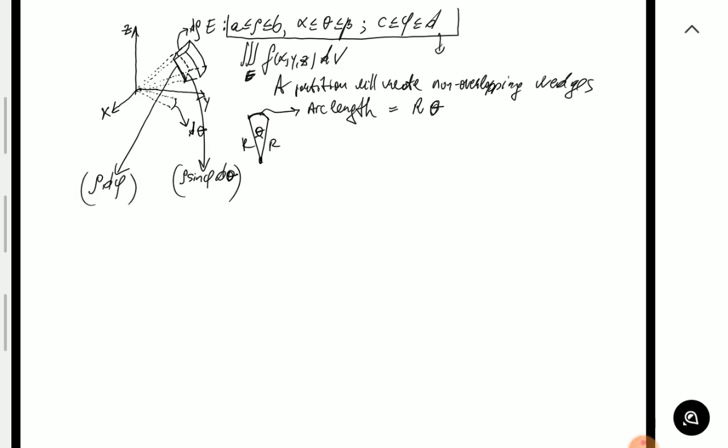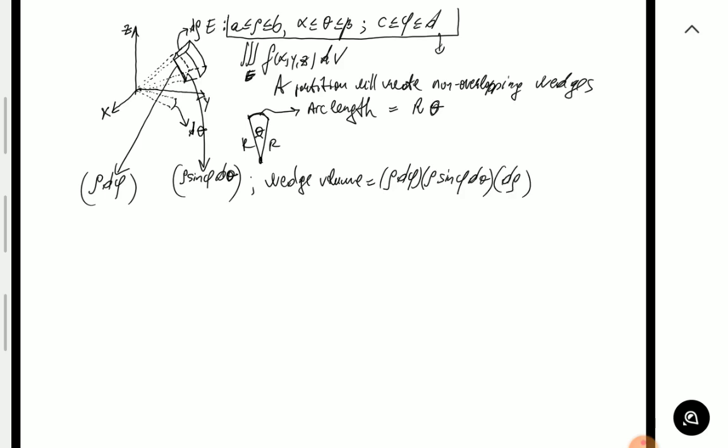So when everything is said and done, that wedge volume is going to be the product between the three dimensions. One arc of length rho d phi, another arc of length rho sine of phi d theta, and finally a straight line which is just the change in rho, which is d rho.